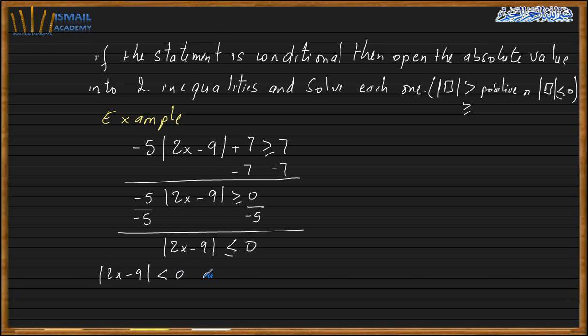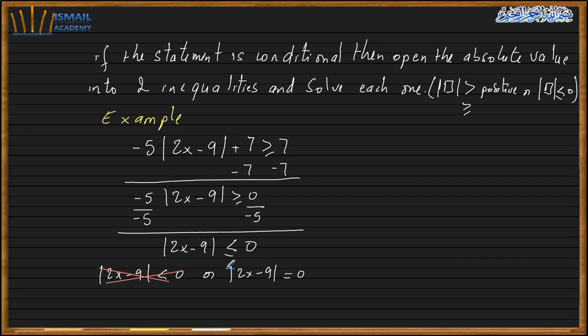the absolute value of 2x minus 9 is equal to 0. So either the absolute value is less than 0, which is not true, which means that I have only this value, equation now.